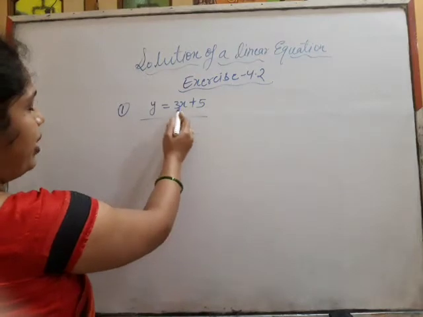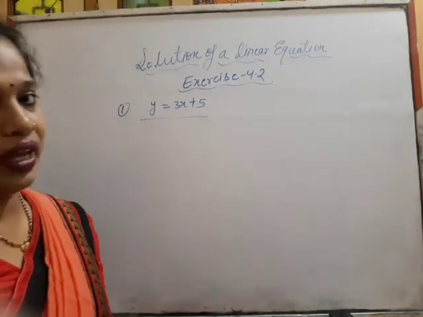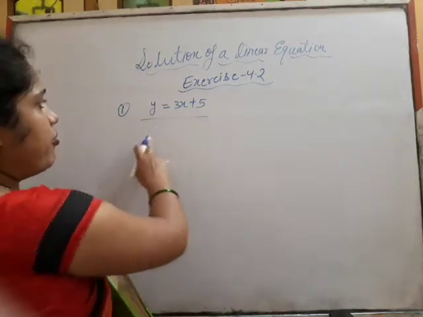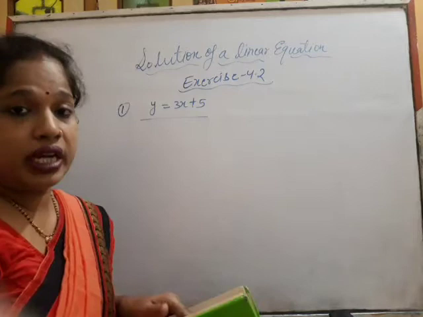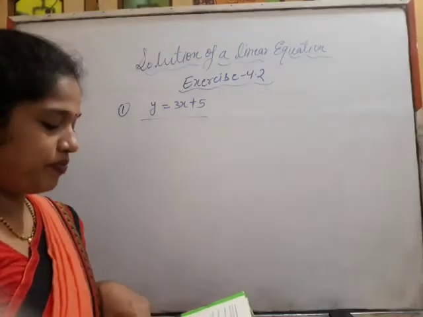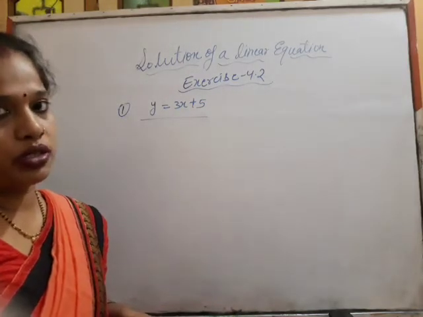Yes, two variables and one constant, so it is a linear equation in two variables. So for this equation, which statement is true? This equation has a unique solution, only two solutions, or infinitely many solutions.